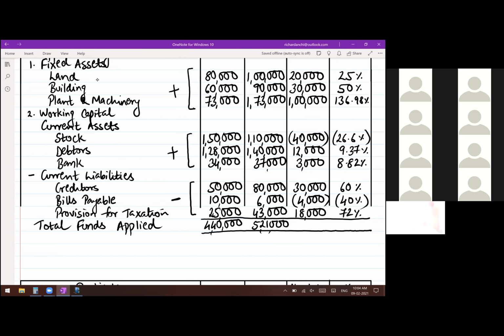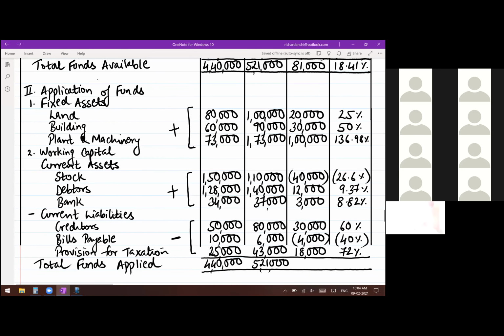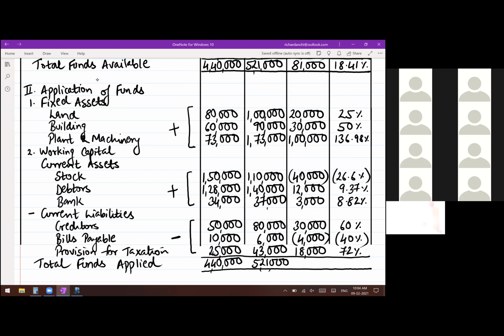You can save time by just copying everything, including the change as well as the percentage. 81,000 was the absolute change and 18.41% was the percentage change. So just copy the total of total funds available with total funds applied. It has to be equal.